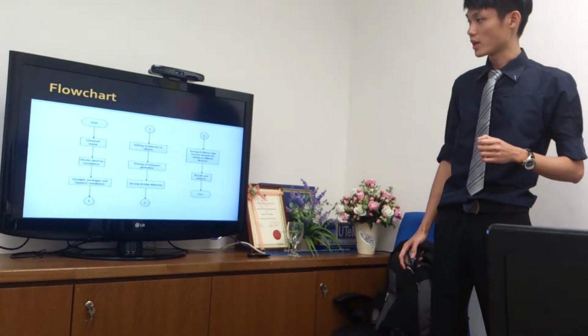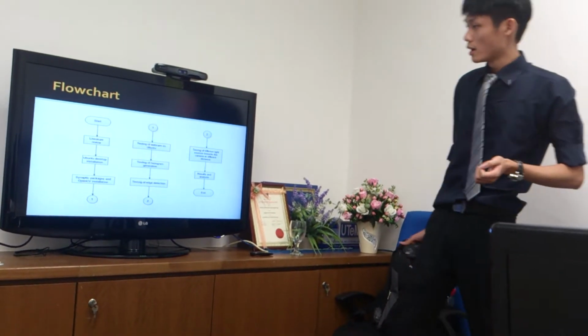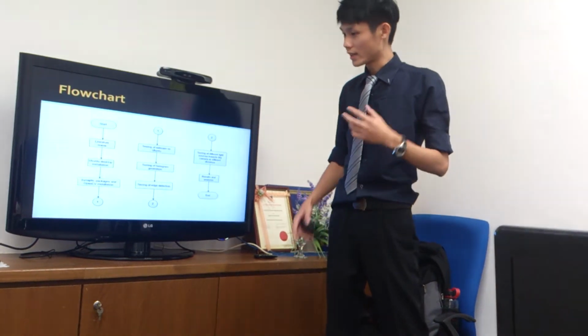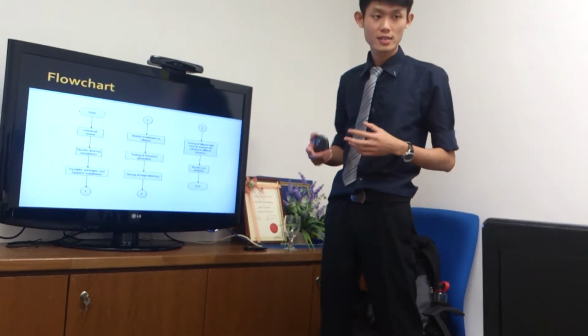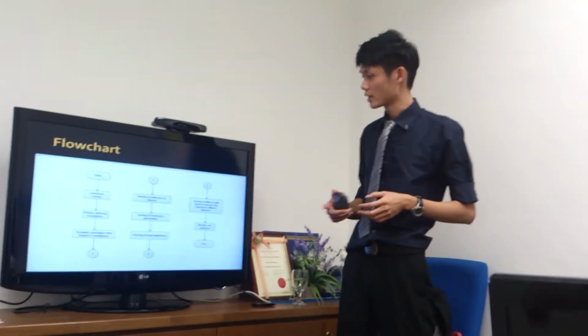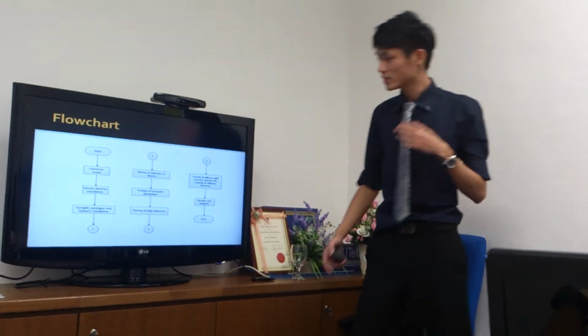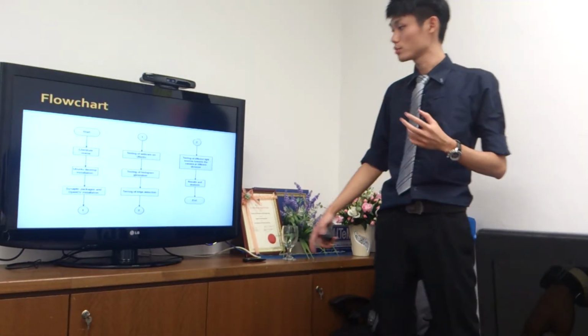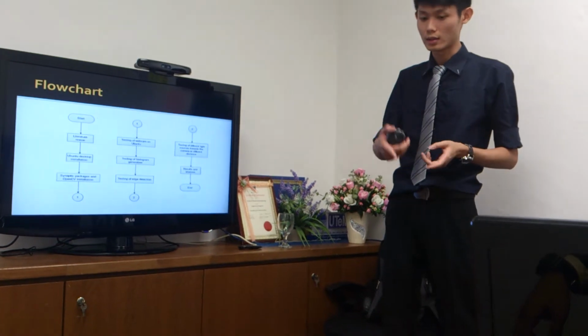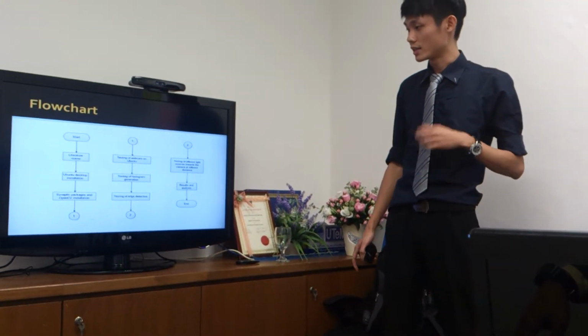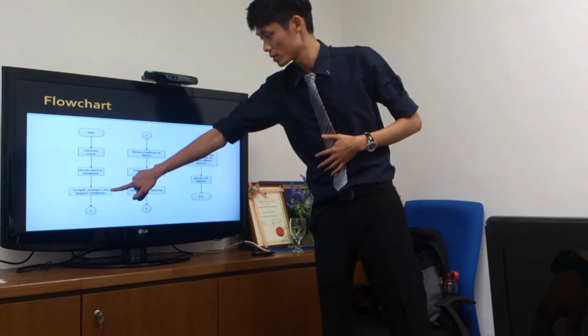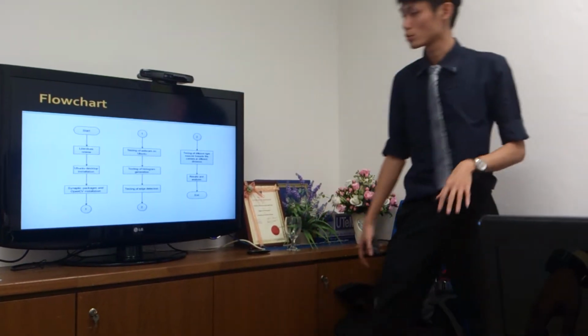This is my flowchart. Okay. I started when I got this title, I tried to understand how it works and got some literature review. After that, I tried to install the Ubuntu desktop environment on my laptop. Then I installed Synaptic packages and OpenCV in my Ubuntu environment.